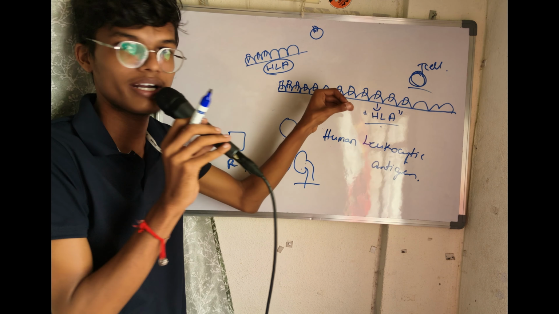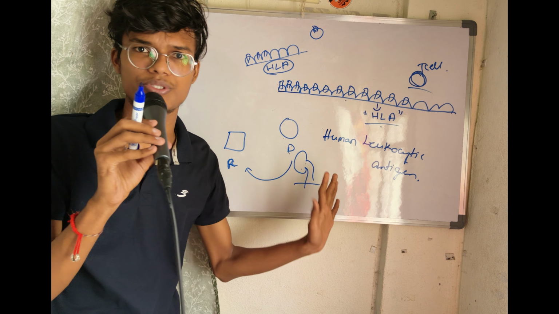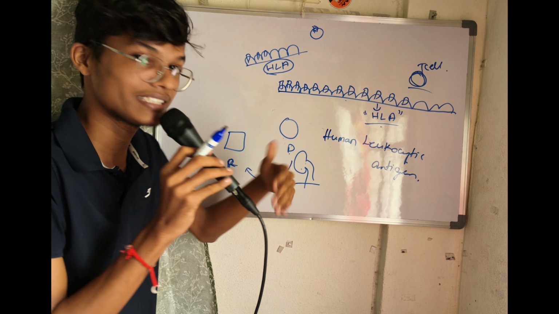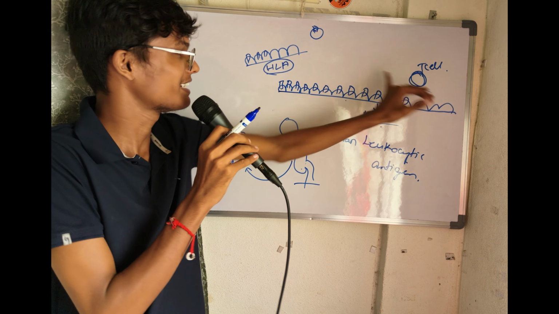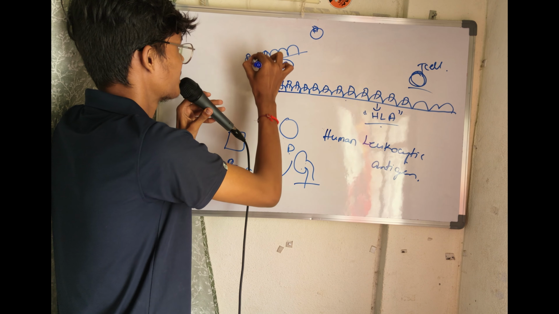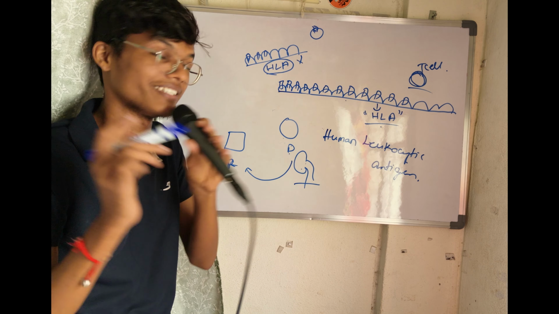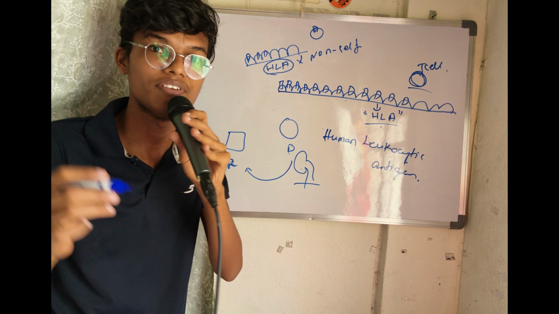See, our own tissue is thought of as self because the HLA is ours, and our normal tissue is not damaged, but this kidney is from outside and these HLA molecules are from outside. So our T cell checked its identity card and told it, you are not my property, you are non-self, so I will destroy you.